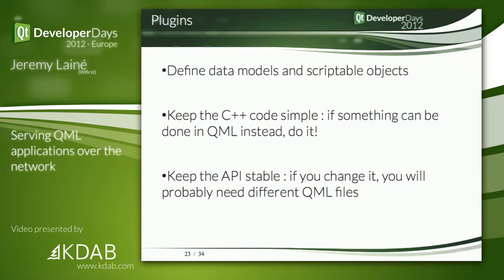Don't start putting UI logic into your C++ code. If you've decided you're going down the QML road, do it fully. And try to keep your API stable, in the sense that this will enable you to have the same QML files for different versions of your C++ application.